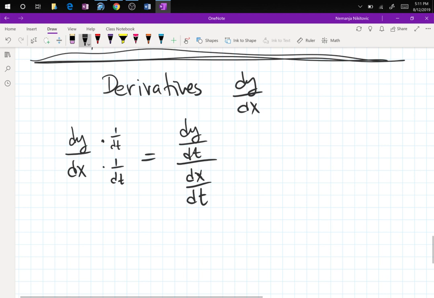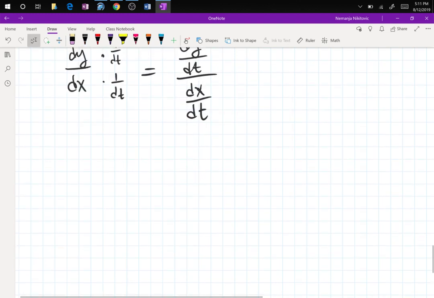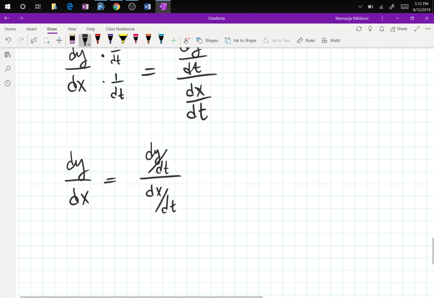Believe it or not, that's the derivative. So if you are looking for the derivative, dy/dx is just going to be dy/dt divided by dx/dt. That is the derivative.